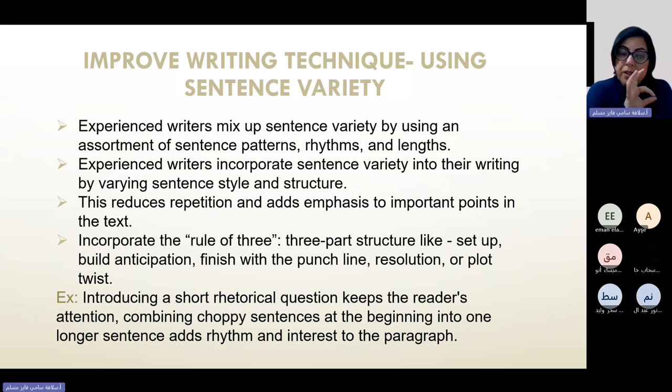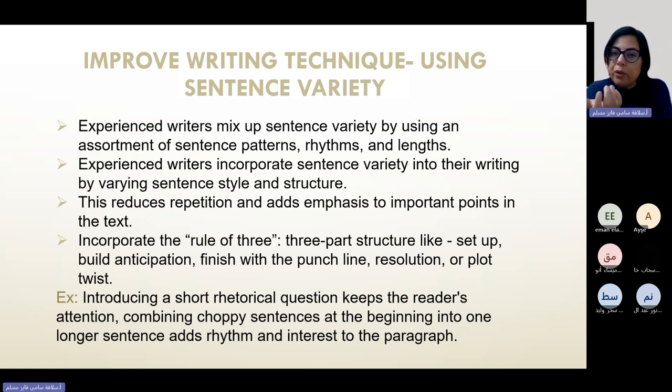Experienced writers incorporate sentence variety into the writing by varying sentence style and structure. They use different grammatical styles, for example the past tense, the present tense, the different tenses in the past, present, and future, and many other types of writing.